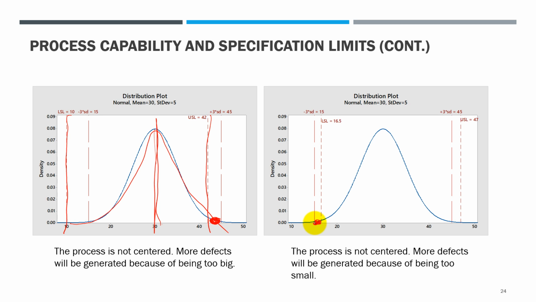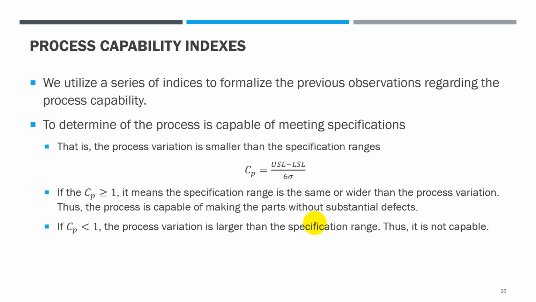These are different scenarios that can happen when you compare your process characteristics with the specification limit. So to capture that, we use a series of indices to formalize what we have confirmed visually, to determine whether the process is capable of meeting the specification limit.